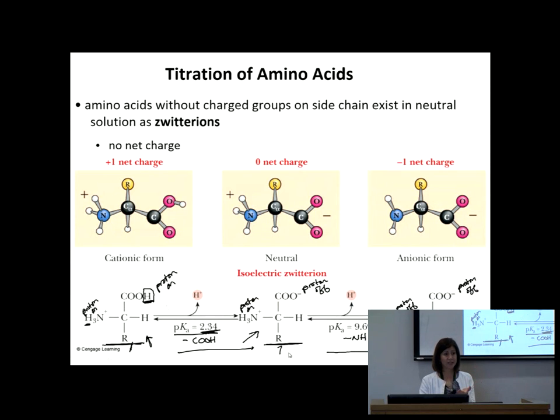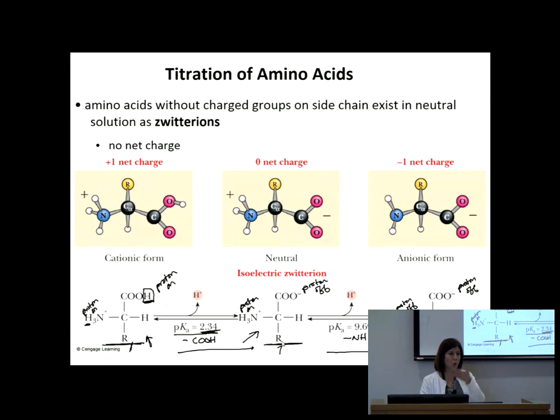Here I'm showing pH 7, but you don't have to go past neutral. The neutral pH has nothing to do with it. It could be pH 5. Just because we're above the pKa means I could do pH 3, and the predominant form would be this one with the proton off, because the pKa is 2.34. As soon as it goes over the pKa, that's when you lose the proton. We're starting to lose the proton very early, but it's the predominant form.